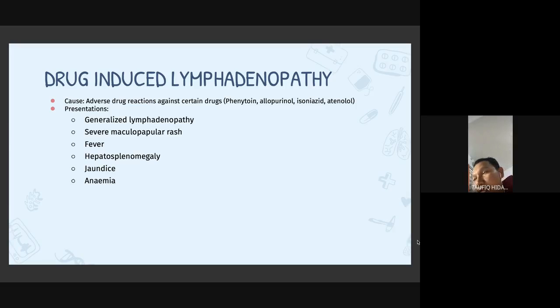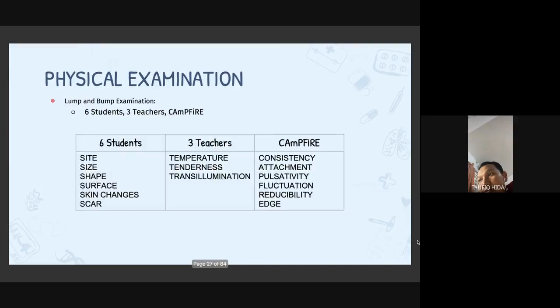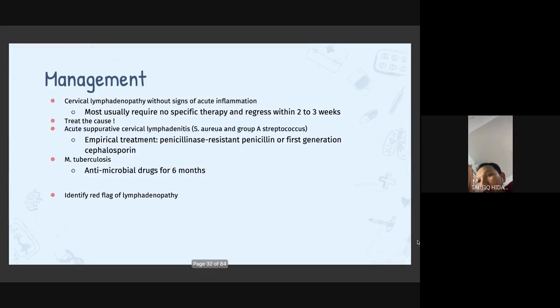Let's go back to the observation. Usually for acute lymphadenopathy, after we approach to find the causes, if it is an acute infection, we usually treat with antibiotics. For non-specific, community-acquired infection that is sensitive to antibiotics, within 2 weeks, sometimes even 1 week, it will resolve.